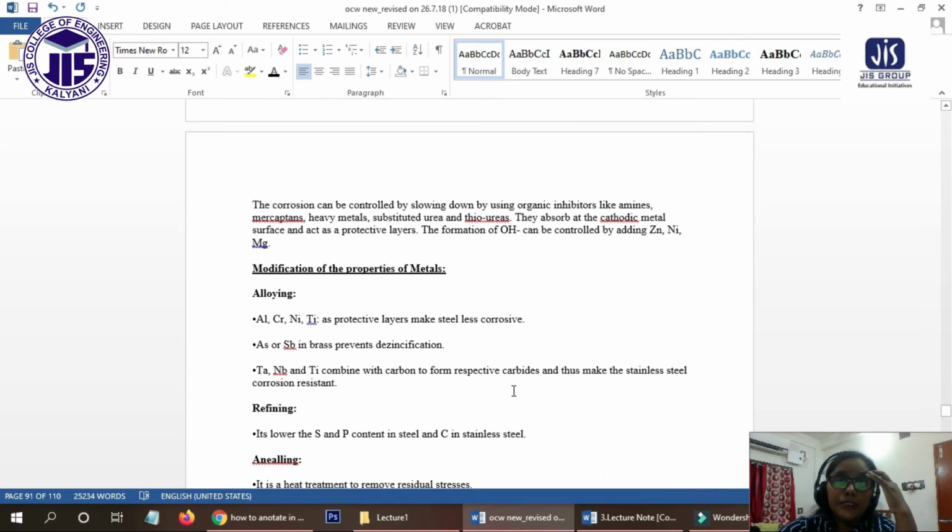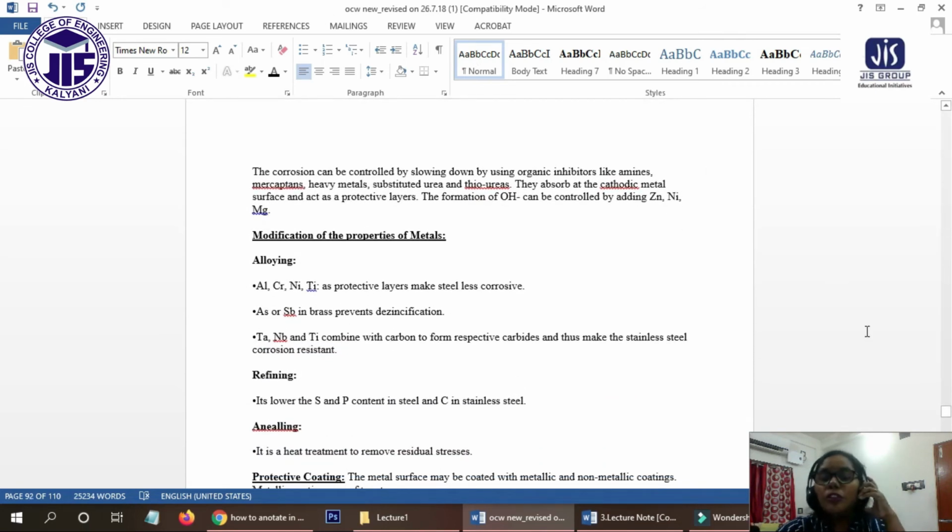And one more cathodic inhibitor we have, like zinc, nickel, magnesium, that we can use, because at the cathode hydroxyl ion is also produced, OH minus. So that OH minus will react with zinc and produce zinc hydroxide or nickel hydroxide or magnesium hydroxide, and thus our base metal can be protected. Okay, so these are some of the inhibitors we can use for the prevention process.